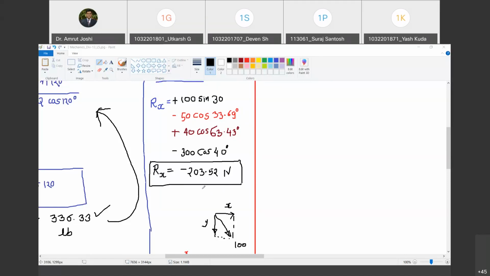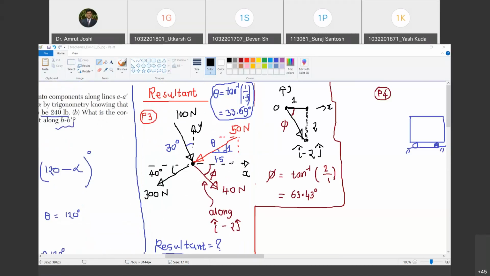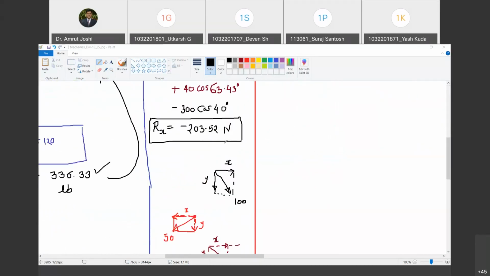So what do we understand by this negative sign? The negative sign indicates that it is towards left. Are you with me? Deven? Yes, sir. So the negative sign indicates that it is in the negative x direction and therefore it is towards left. Mind you, this sign is very important, because if I simply write minus 203.52 Newton towards left, it means negation of negation.